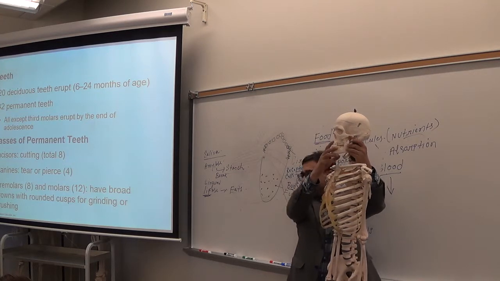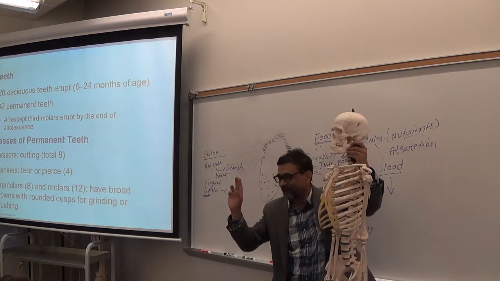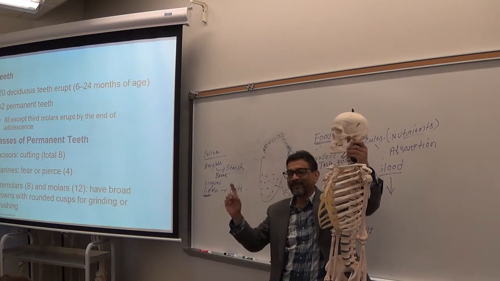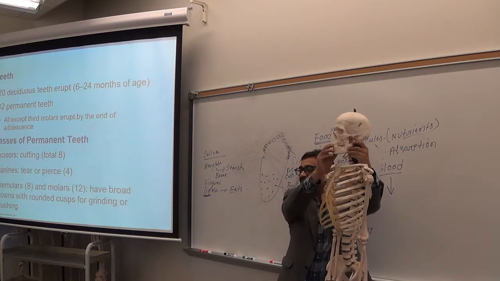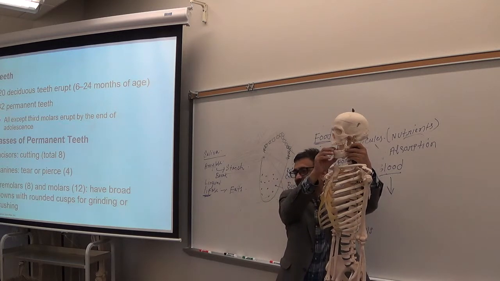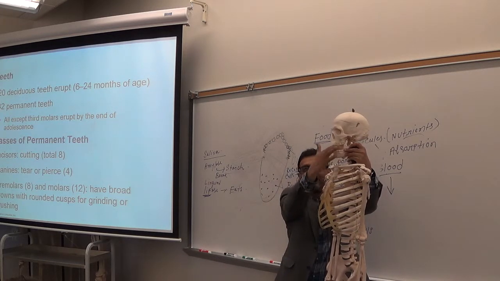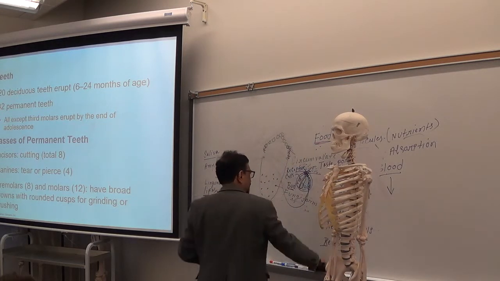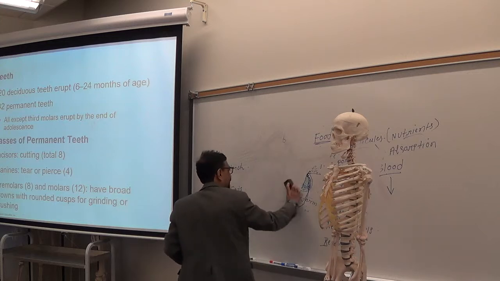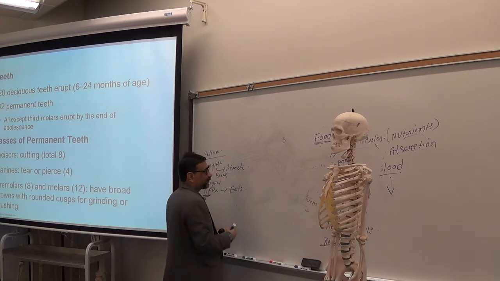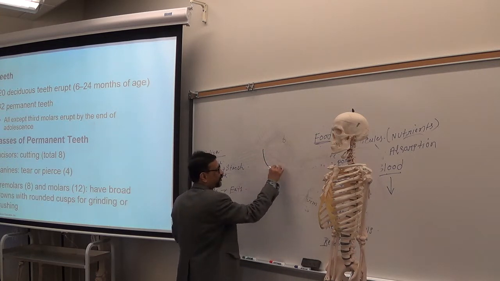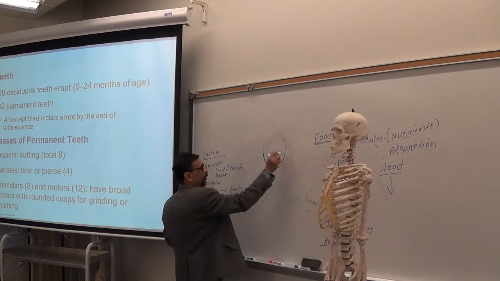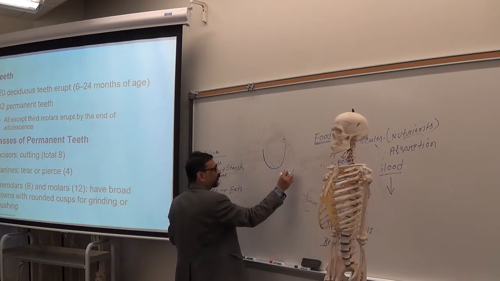Total 2 arches, right? Total how many teeth? 32. So each arch has how many? 16. Makes sense? So this is one arch. You have 16 teeth.